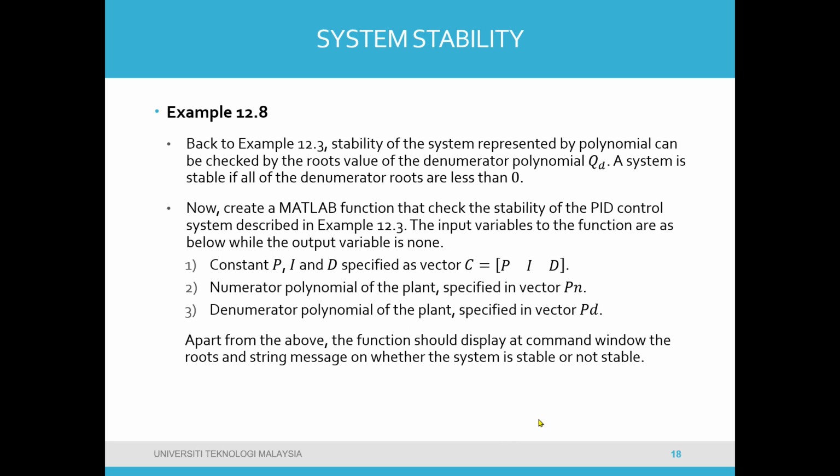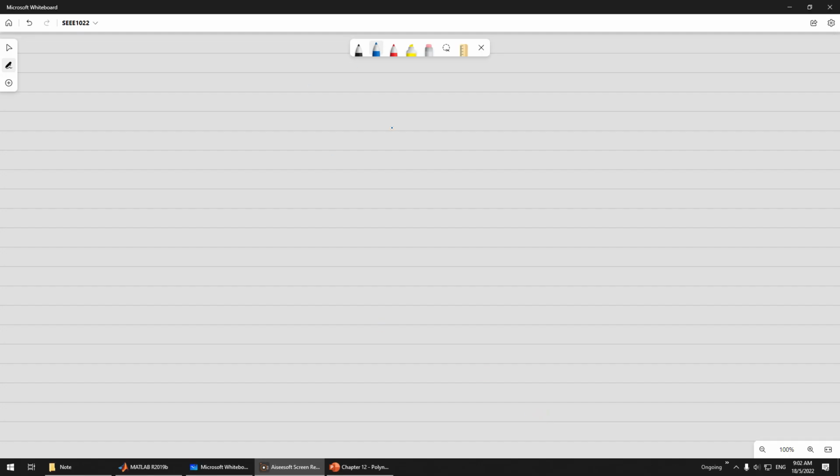So how do we evaluate the system stability using a polynomial? You can see here Q(s) is Q numerator(s) over Q denominator(s). You only look at the denominator, you don't look at the top side.